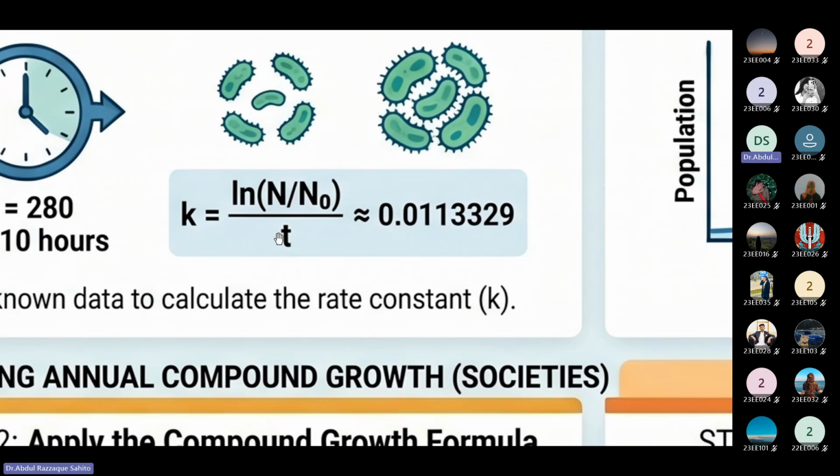Have you noted this equation? To directly calculate k, when you have the new population, the initial population, and the time given. If you have these three parameters given, you can directly calculate the value of k without going into further manipulation of the equation. Have you noted this equation?